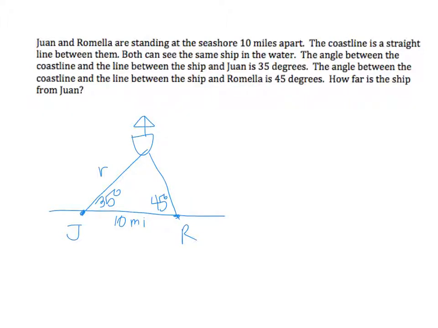This diagram is not drawn to scale at all, obviously. I just slapped some lines down. So it is going to be a little bit tricky to look at your answer and say, is that reasonable or not? You could measure out some angles with a protractor if you wanted to have a more accurate diagram. Like my angles are definitely bigger than 45 and 35. But let's see if we can figure it out.